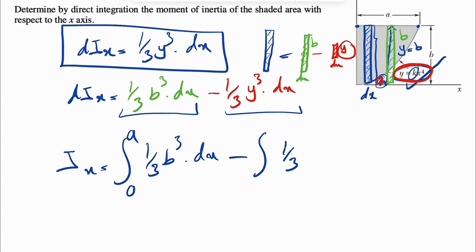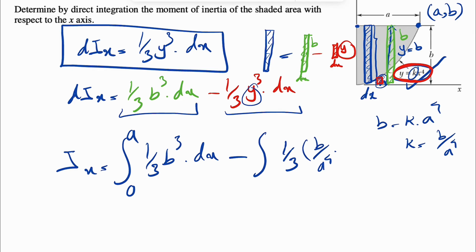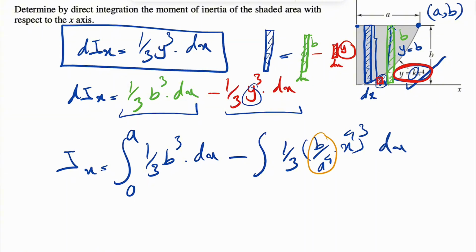For finding this constant k, if you put the coordinates of this point, which is a for x and b for y, b is equal to k times a to the 4. So k would be b over a to the 4, and this y here would be b over a to the 4 times x to the 4, all to the power of 3. Let's clean this up, dx, and again, this is our k.